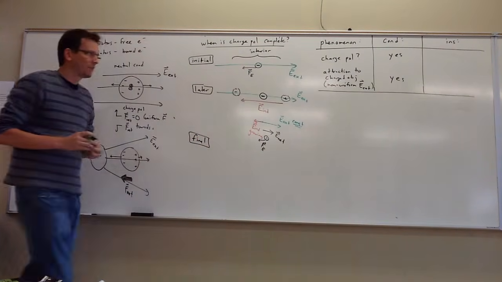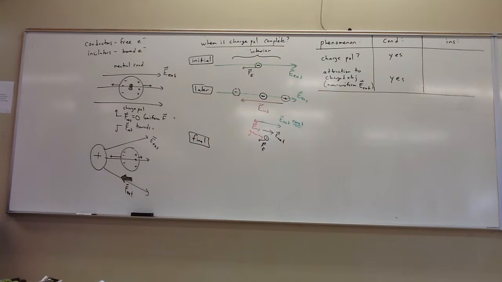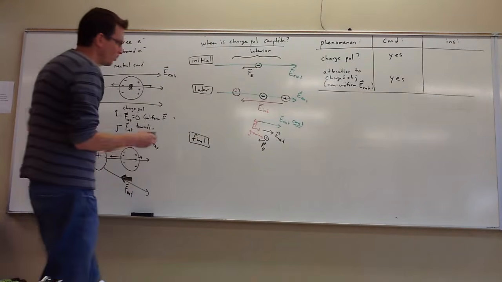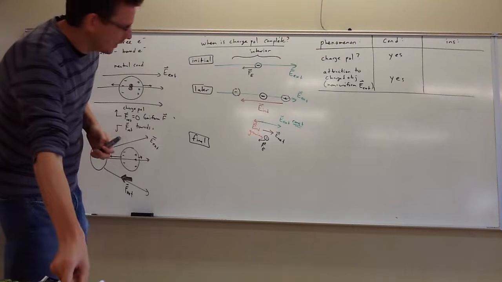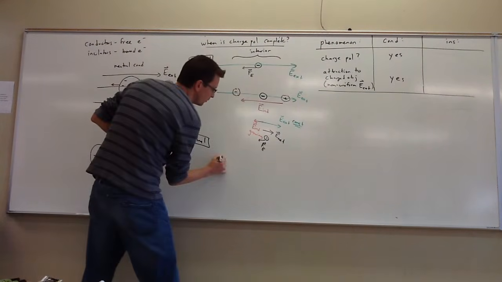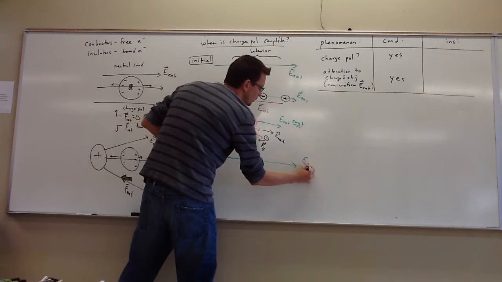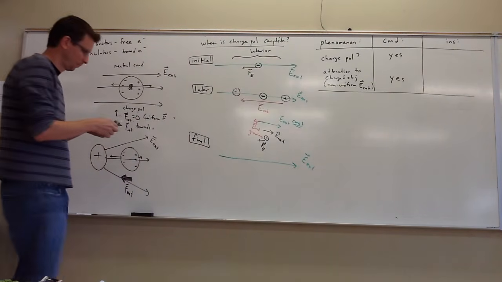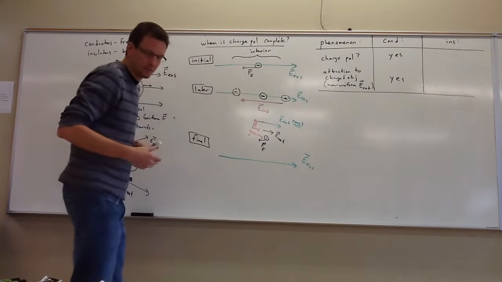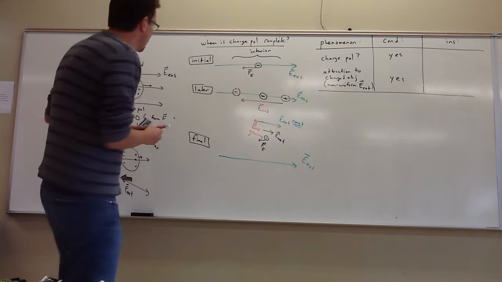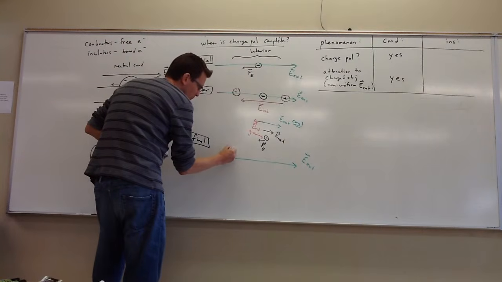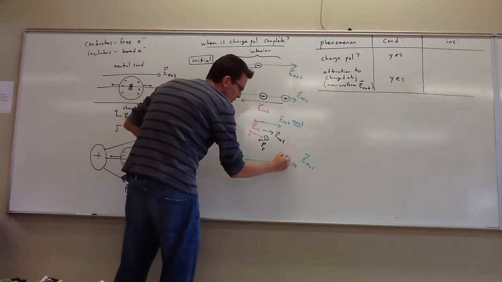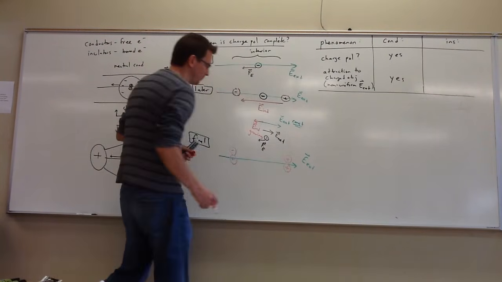And so, eventually, the final state, as you can probably guess, is that there's an equilibrium reached between these two factors. So what it looks like now is you still have E external, still points to the right. Even more electrons have gone. There's even more charge in the charge polarization.